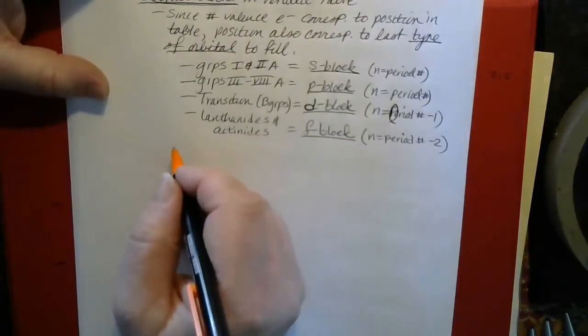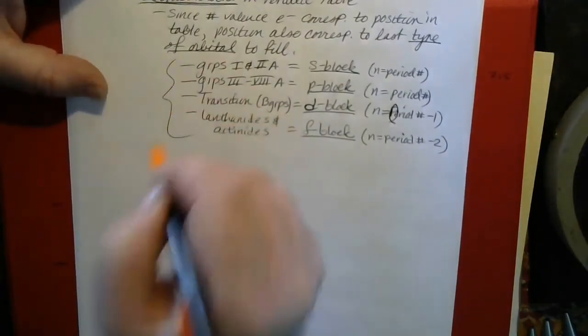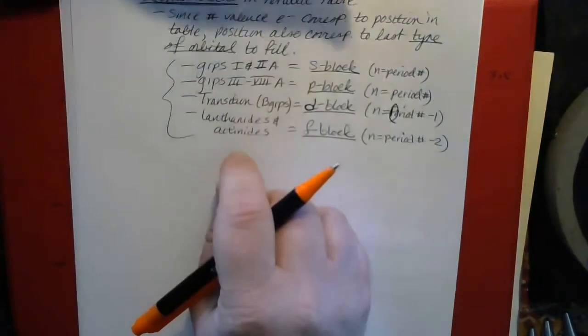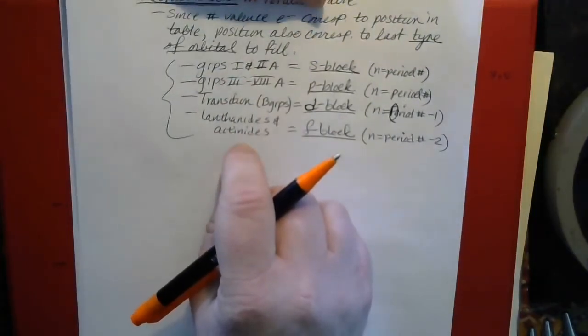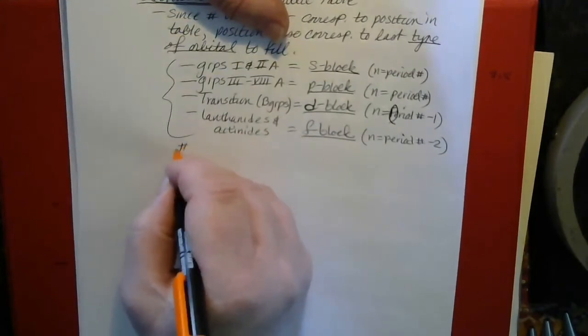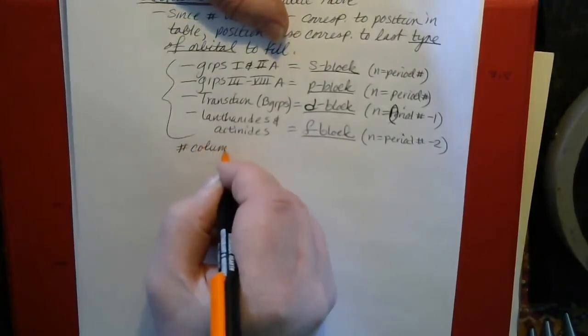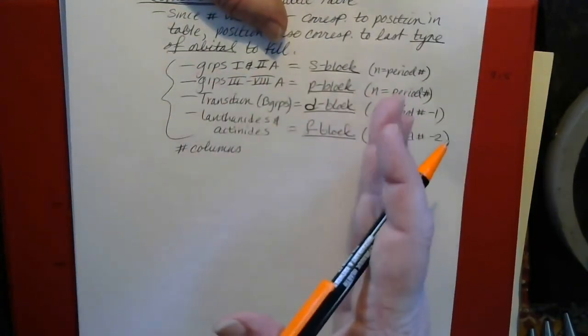Notice how the number of columns in any given block is the same as the number of electrons that it is possible for that type of orbital to hold. That's because for each element left to right, as you progress through the periodic table, you're essentially adding 1 proton and 1 electron for each step.